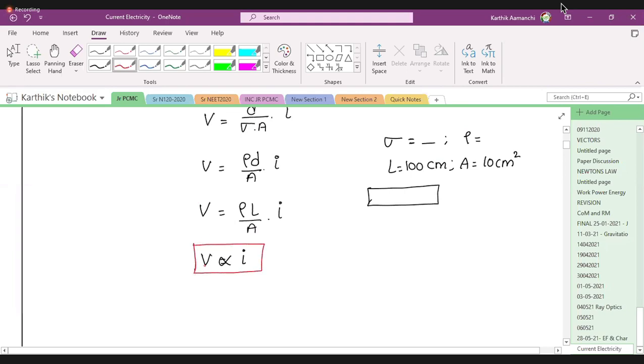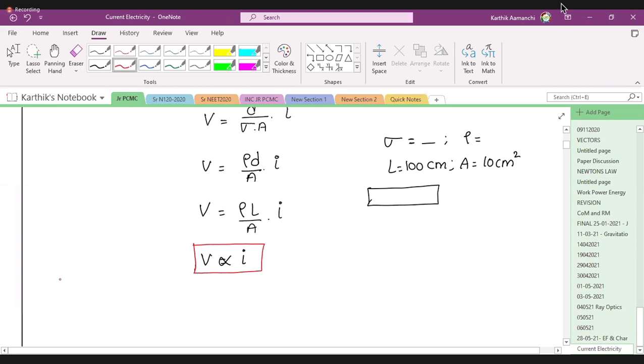So Ohm's law states that at a given temperature for a given material, the current flowing through that material is directly proportional to the applied voltage. Understood?